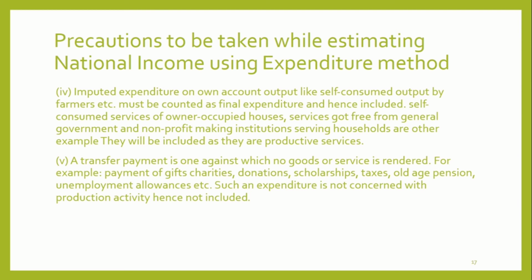A transfer payment is one against which no goods or service is rendered. For example, payment of gifts, charities, donations, scholarships, taxes, old age pension, unemployment allowances, etc. Such an expenditure is not concerned with production activity, hence not included.